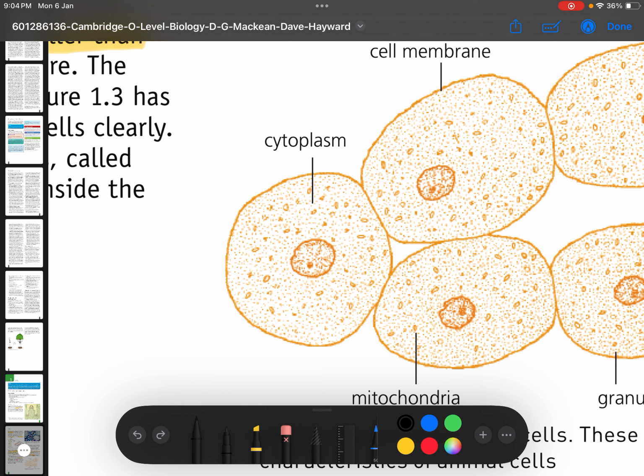For example, we all know mitochondria. I know you all know that mitochondria is the powerhouse of the cell. It basically provides energy to the cell. So you will find that there are mitochondria present in the cytoplasm. So this mitochondria has its function to produce energy.